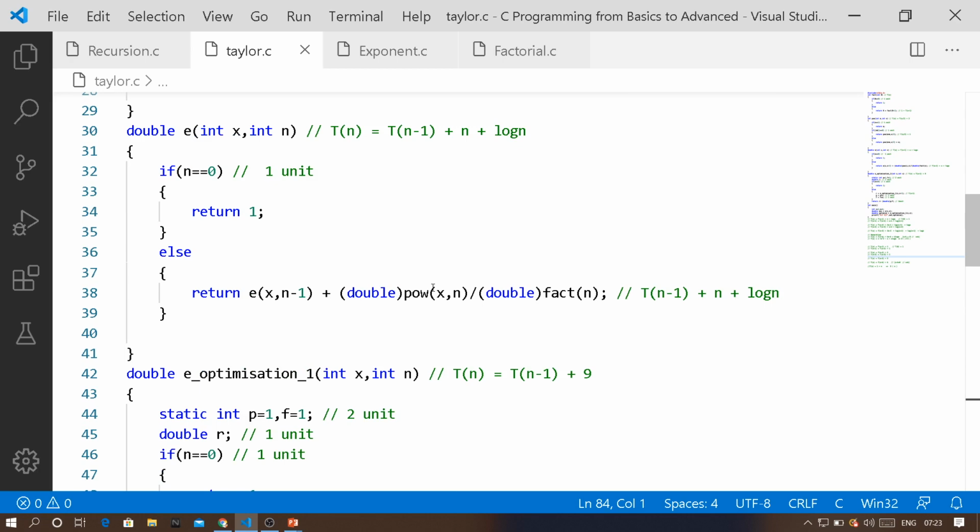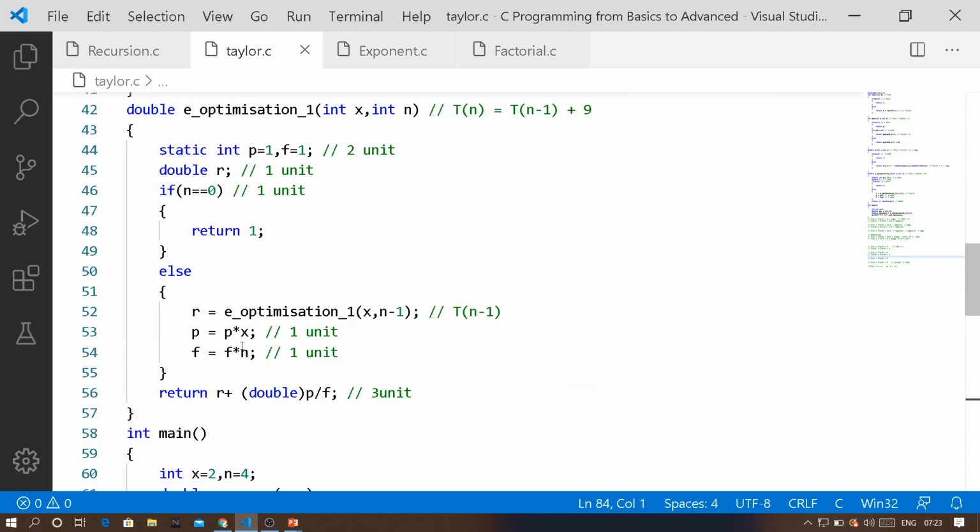Instead of calling the power function and fact function every time, we simply multiplied x with the previous power value and multiplied n with the existing factorial value to reduce the number of multiplications taking place. Now I'm going to introduce you to the second optimized way.